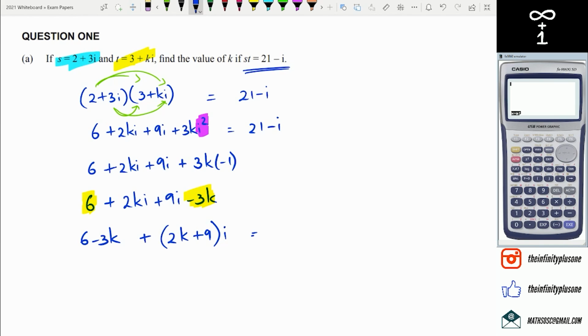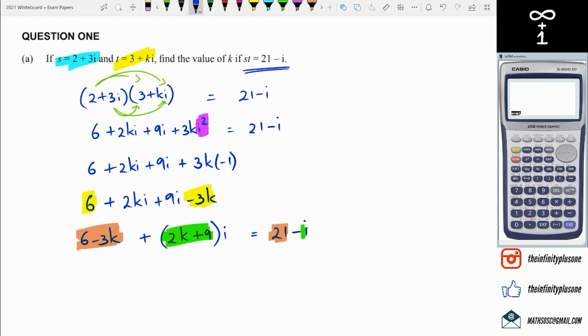Now all of this is equal to 21 minus i. Interestingly enough, k ends up being on both sides. So you could go the real part equals the real part, or the imaginary part equals the imaginary part. In other words, you could say 6 minus 3k is equal to 21, or you could do 2k plus 9 equals negative 1, because remember that negative i is the same thing as saying negative 1.